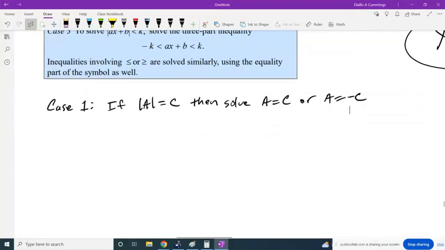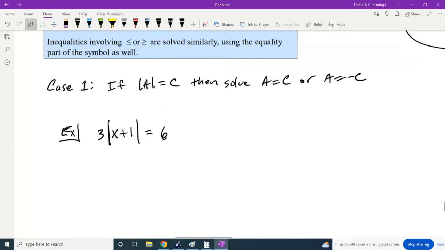So here is an example. Three times the absolute value of x plus 1 is equal to 6.